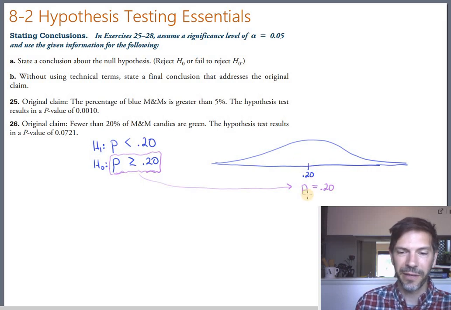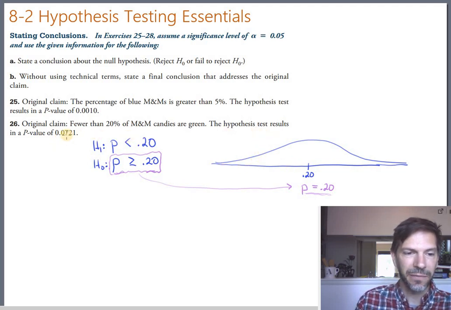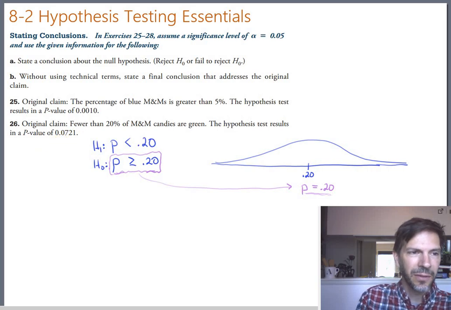But either one's fine. If you want to match the back of the book, they will turn all of their nulls into equal signs and draw the curve at that spot. Okay, all that to say that the hypothesis test came out with a p-value of about 7%. They're not even telling us how the sample came out, but apparently it came out lower than 20%. It came out about right here.